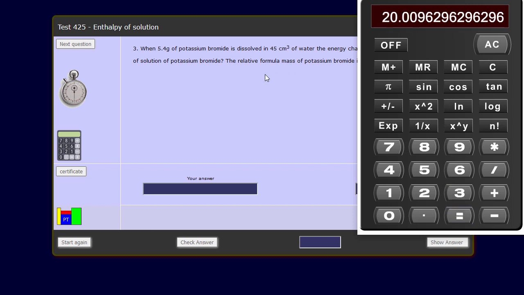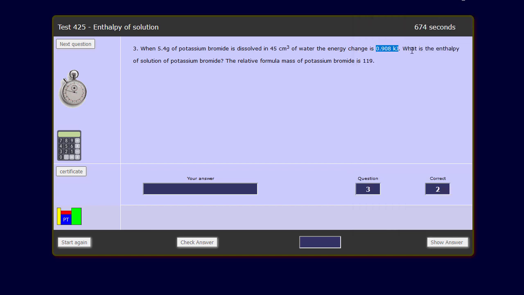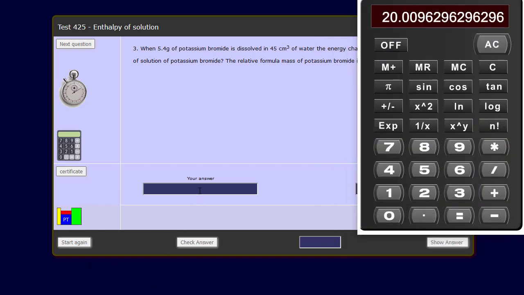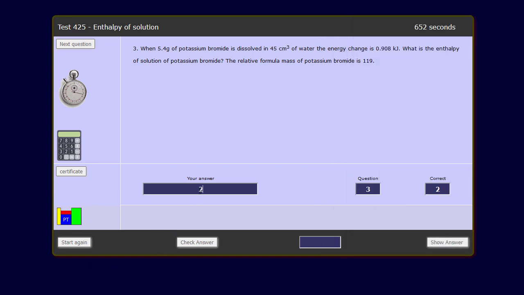This gives us the energy change per mole, which is the enthalpy of solution of potassium bromide. Now let's have a look. The energy change is positive here, which means the temperature goes down, so this will be a positive value as well. So we've got 20 as an answer. 2, 0. And there's a tick. Okay, let's pause it there.